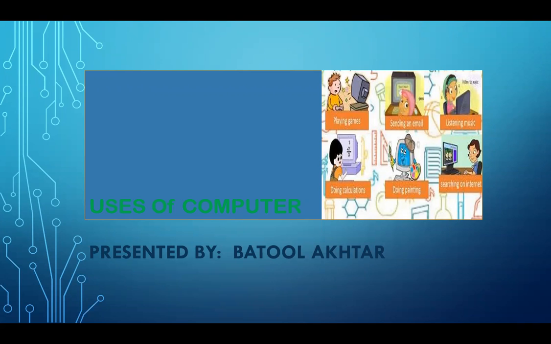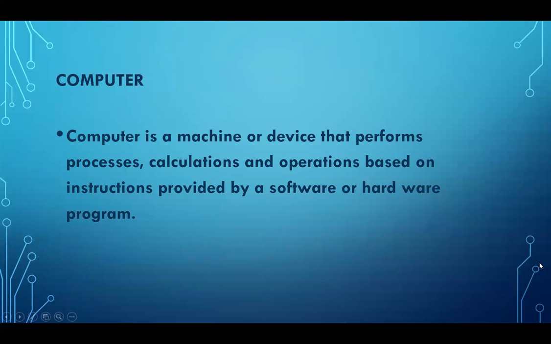Last time, we started our first lecture, our first chapter, that is uses of computer. So we start where we left our chapter, but before that, we recall our previous chapter. First is, what is computer?